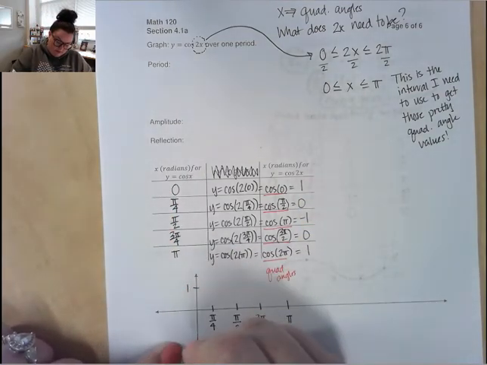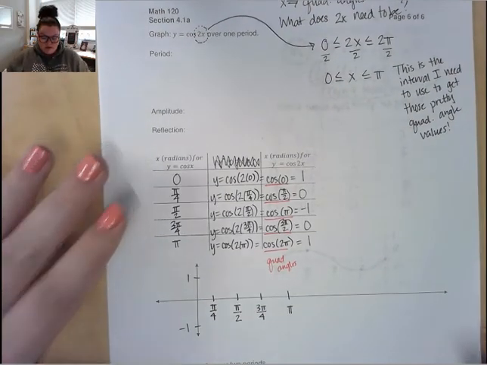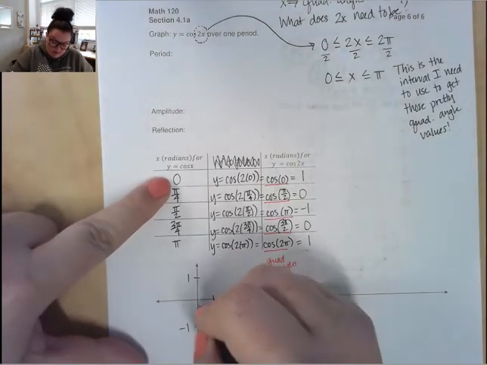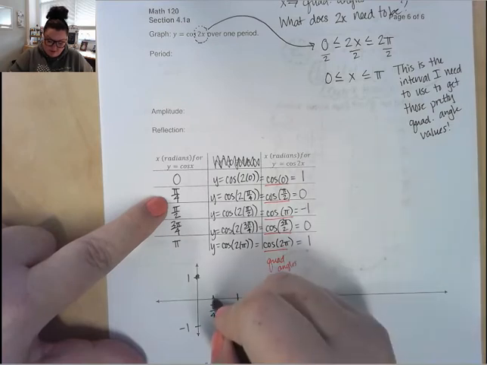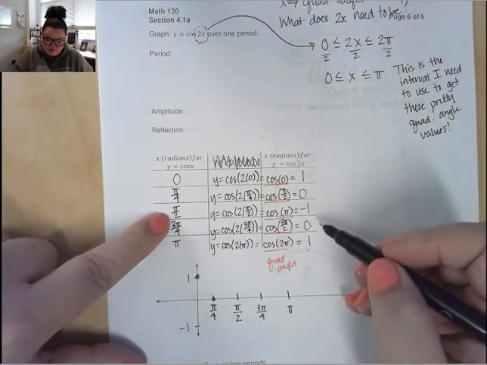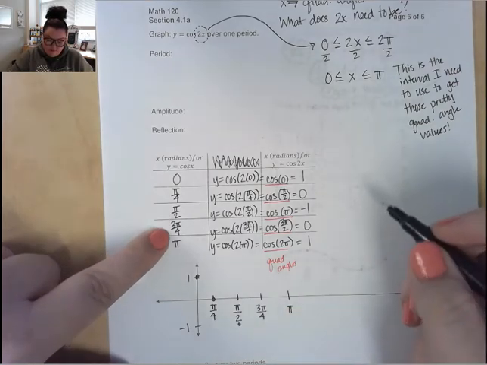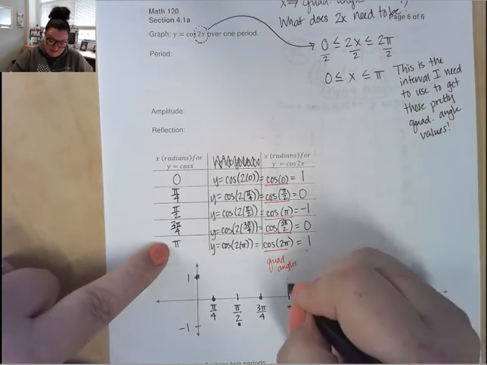So I need a 1 and I need a -1. Excuse me. So at 0, I'm up at 1. Pi over 4, I'm down at 0. Pi over 2, I'm down at -1. 3 pi over 4, I'm back up at 0. And at pi, I'm back up at 1.